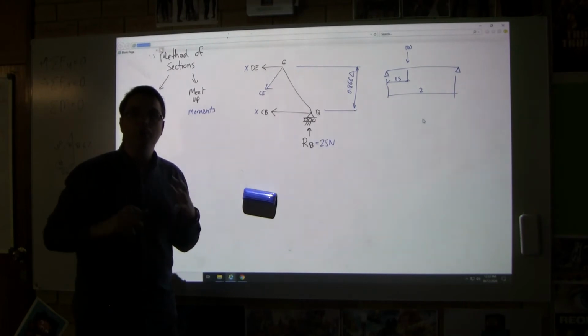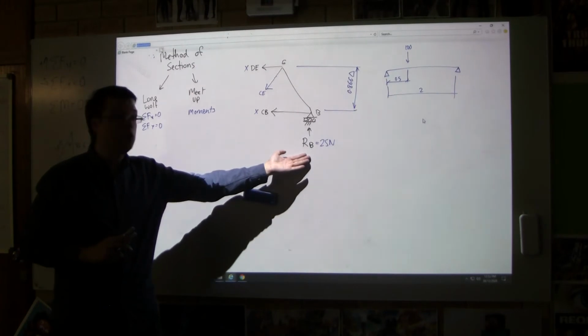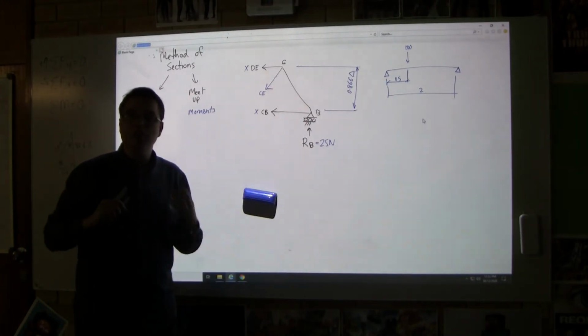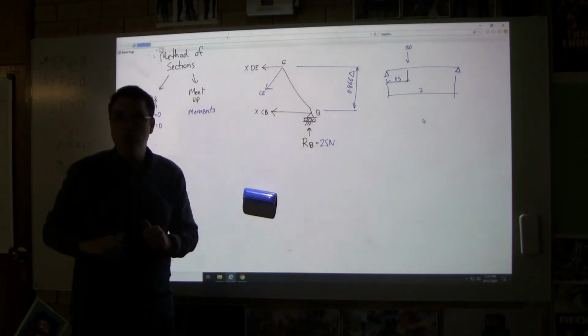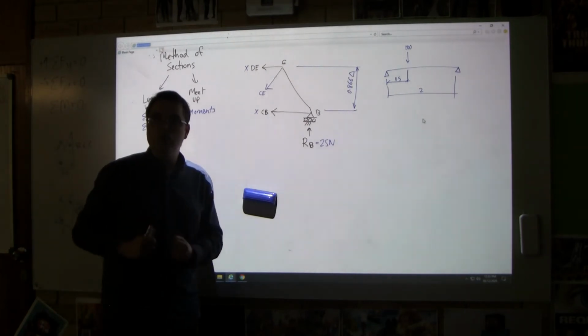They have no vertical force. And I have a vertical force of 25 up. If something doesn't push down, this whole thing is going to break.